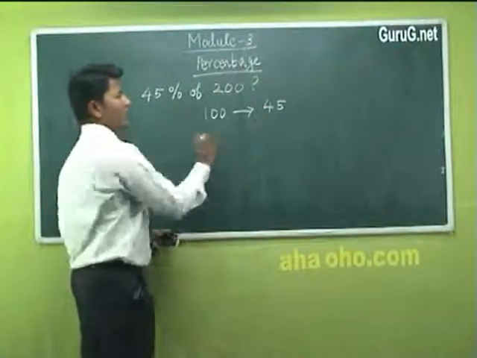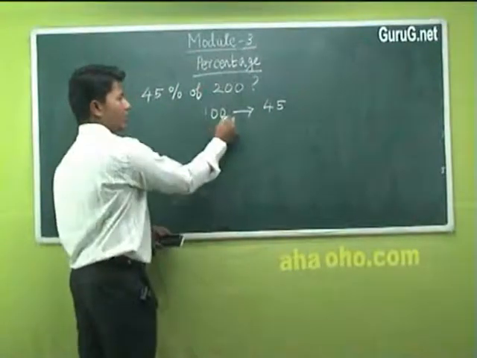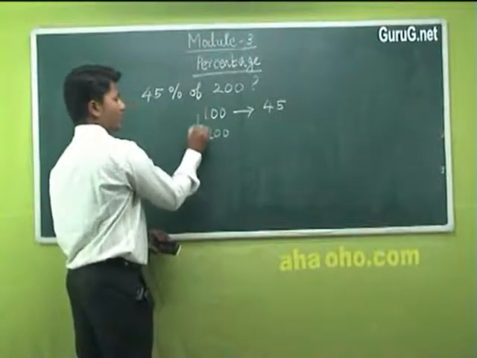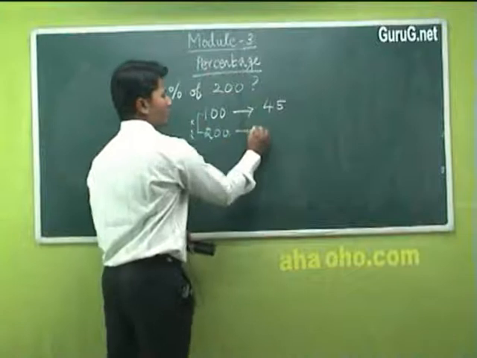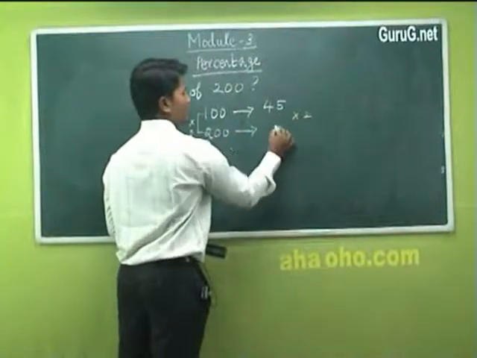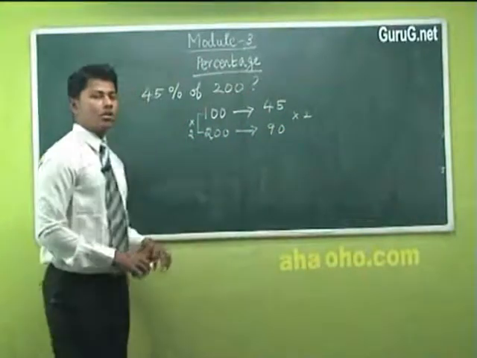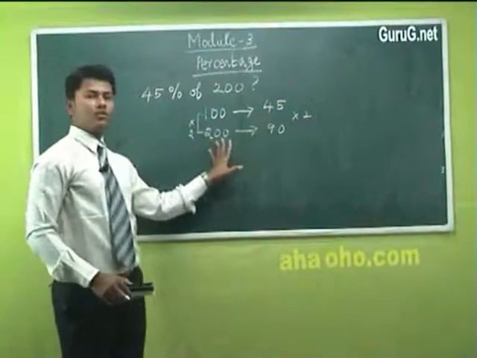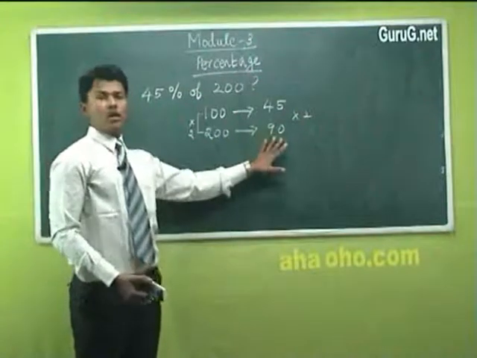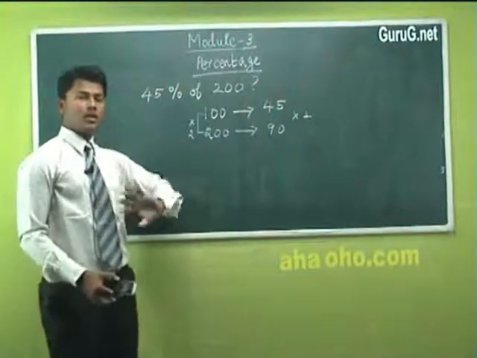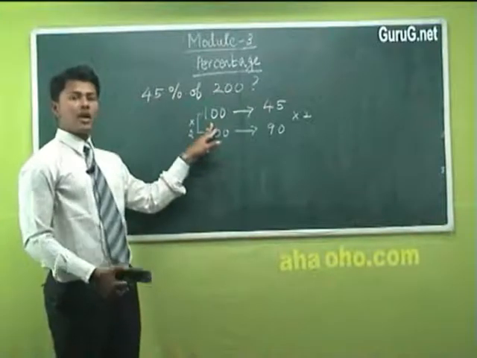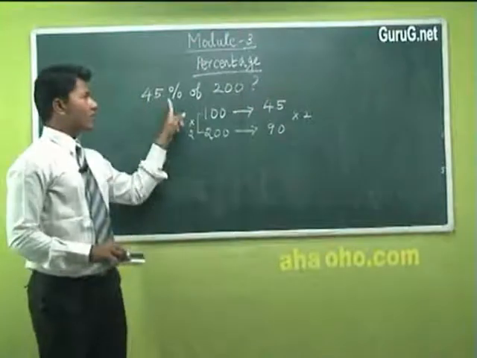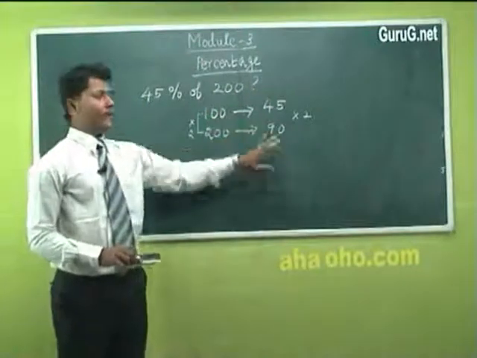Now, what is 45% of 200? In order to get 200, multiply 100 by 2, isn't it? Similarly, multiply 45 by 2, which is 90. So, 45% of 100 is 45, and 45% of 200 will be nothing but 90. Always construct your problem with a base of 100, then proceed to find the answer.